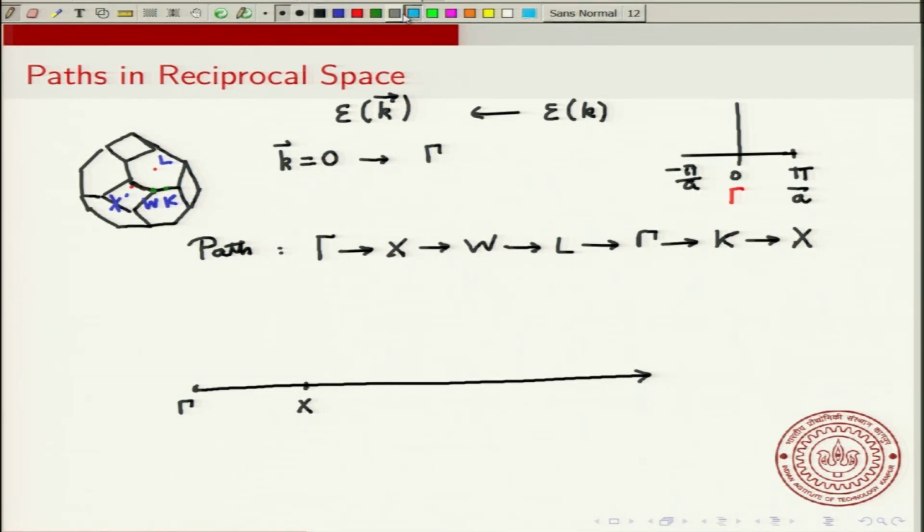So let me show this path. You have the gamma point, you come to X, then you come to W, then the path actually goes to L. Then it goes back to the gamma point, which is deep inside, and then it comes to K, and then it comes to X.